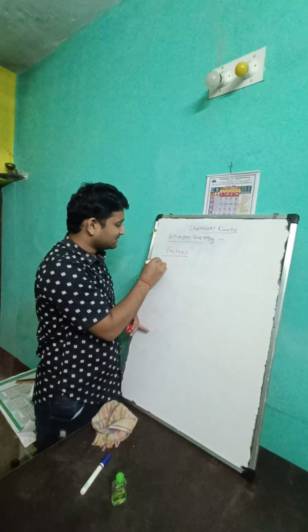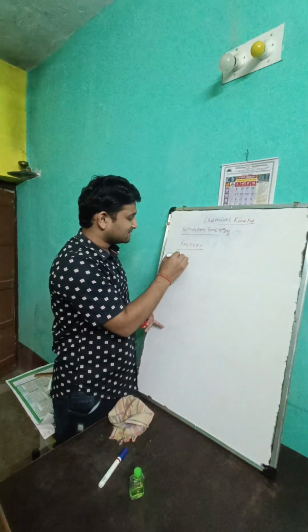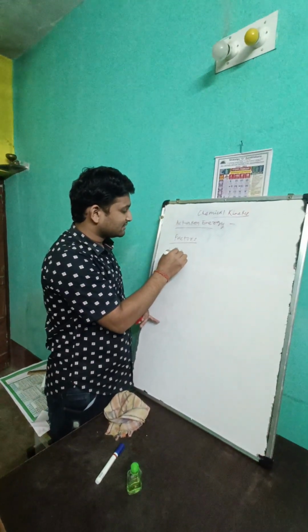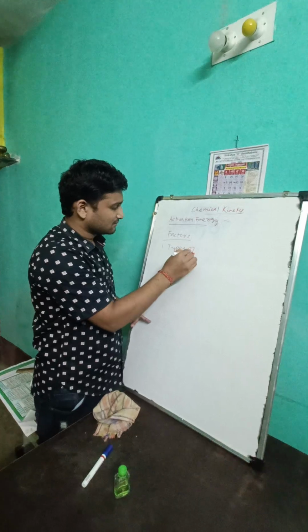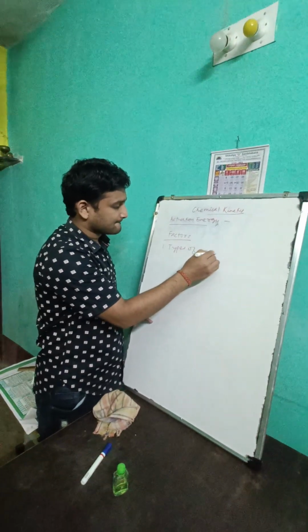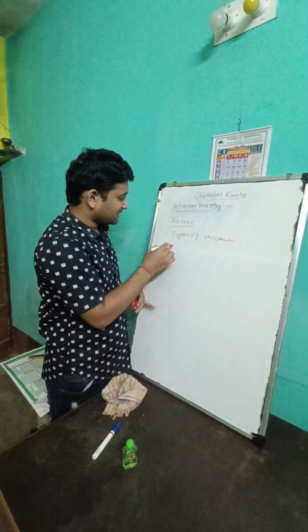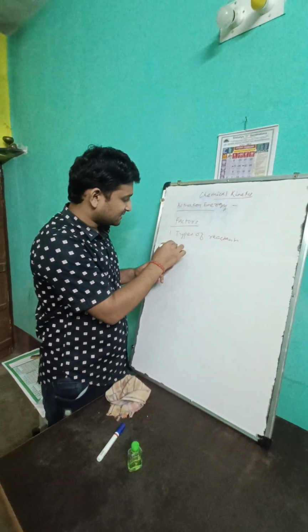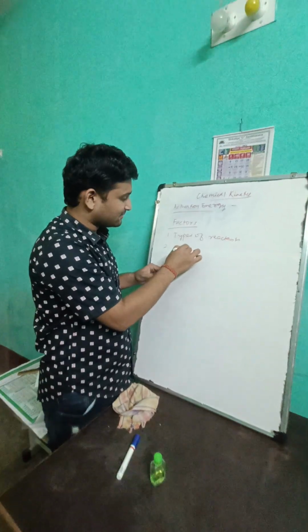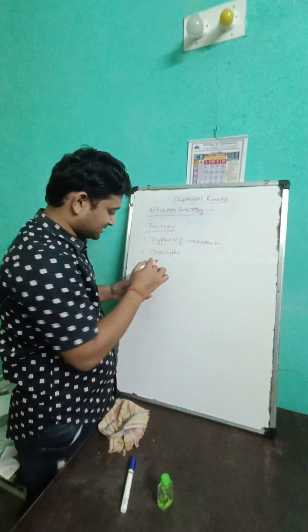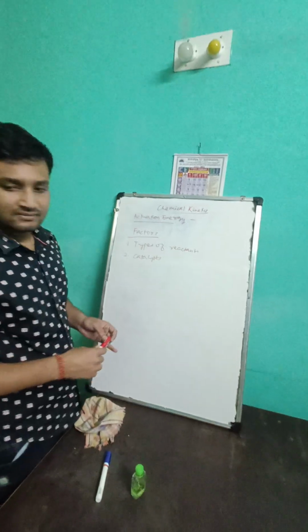Coming down to the factors on which activation energy depends, there are basically two types of factors. One is types of reactants, and another is catalysts, or we can better say the effect of catalysts.